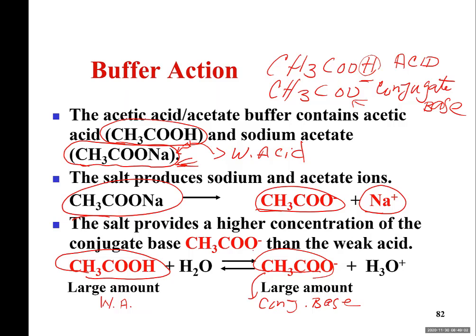If I add a hydrogen to the conjugate base, I get the acid. If I remove a hydrogen from an acid, I get the conjugate base. So a mixture of CH3COO minus and CH3COOH, together they make a buffer.